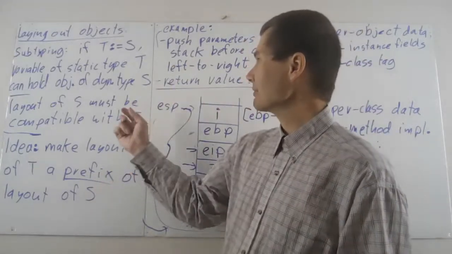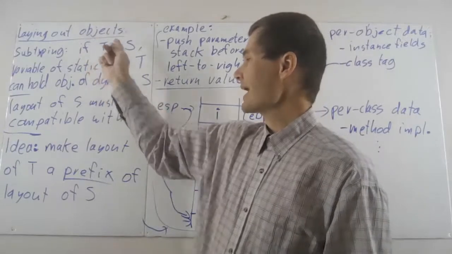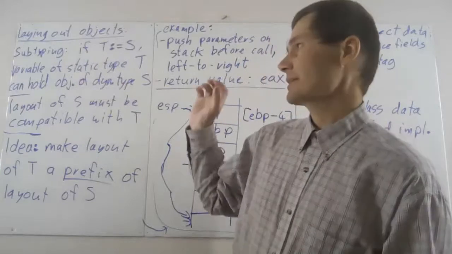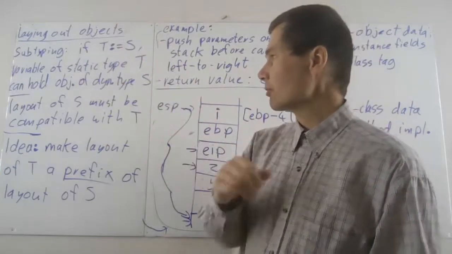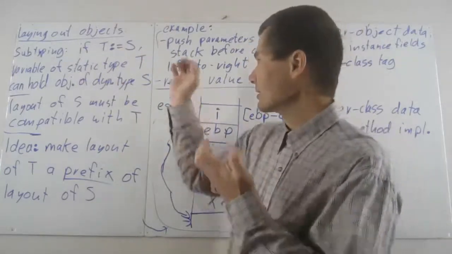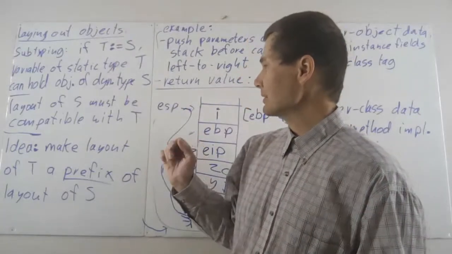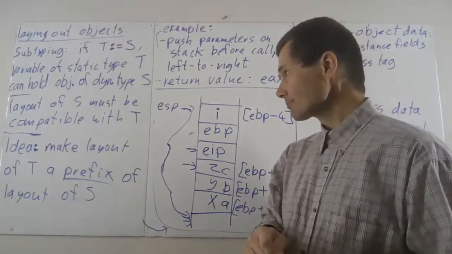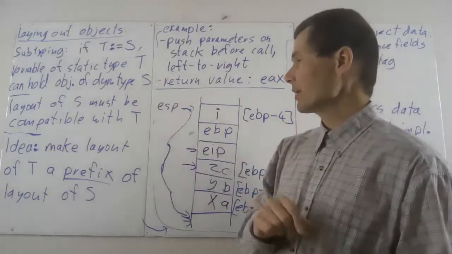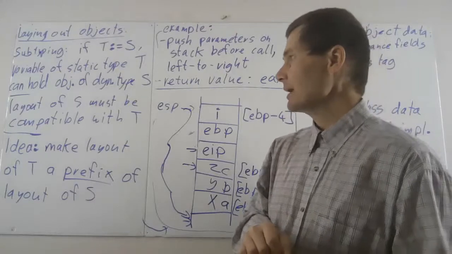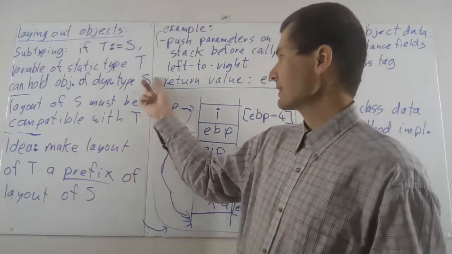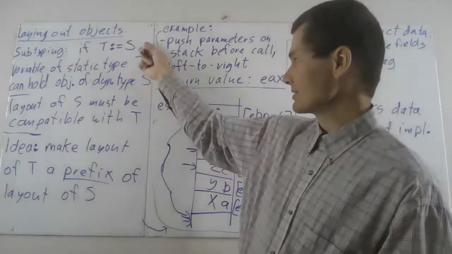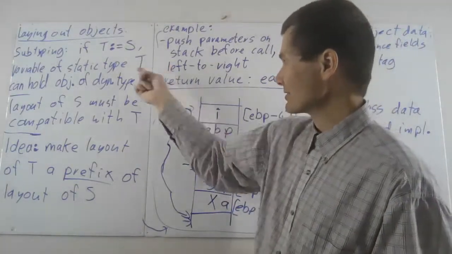At the compiler level, we know only the static type of an expression or variable, but at runtime that variable could hold objects that are assignable to that type. So when we decide how to lay out an object of type S in memory, we have to be able to still access that object if all we know is that it's a T, or something of type T.